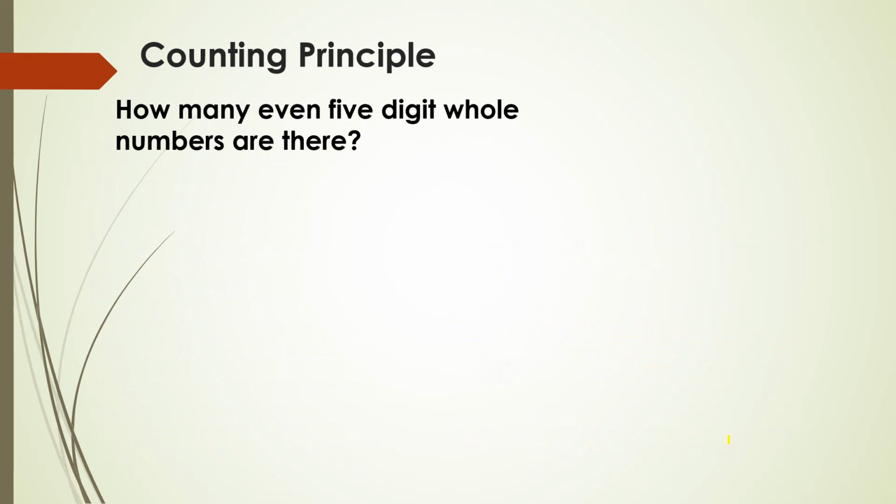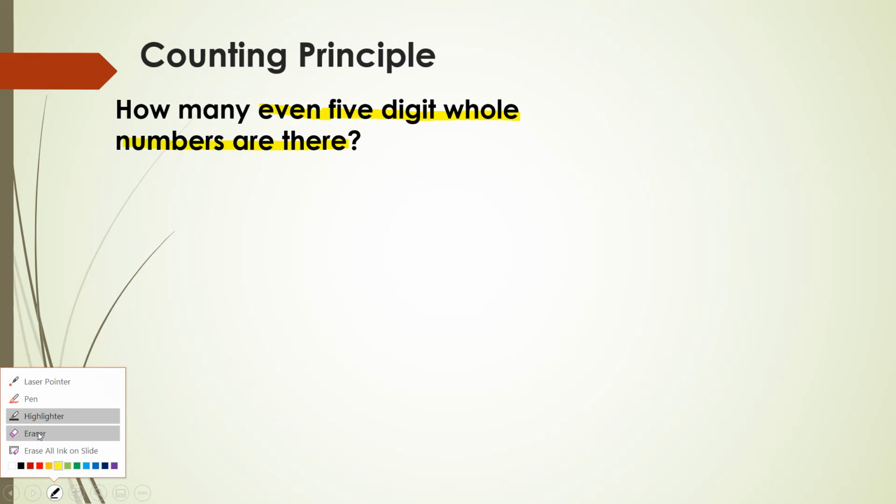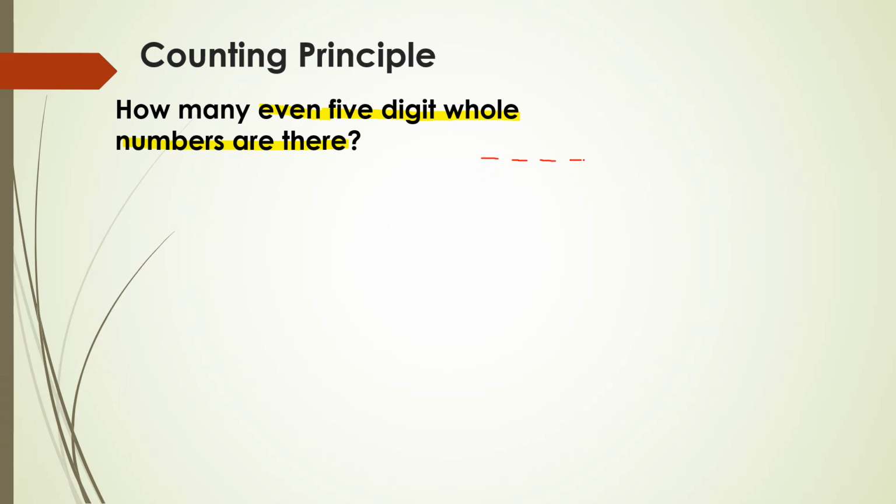Now here we start thinking a bit interesting. How many even 5-digit whole numbers are there? Now, folks, 5 digits means there's digit 1, digit 2, digit 3, digit 4, digit 5. Okay, clearly, if we think about this, and they say even numbers.